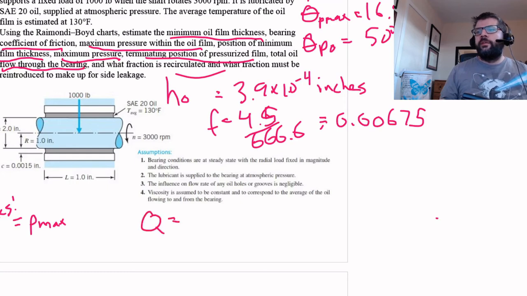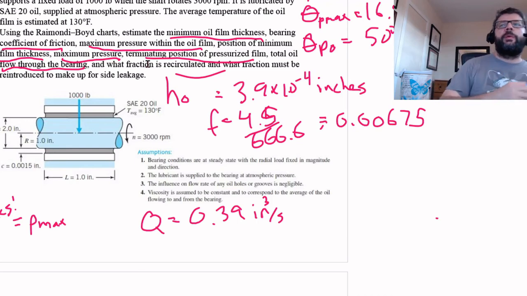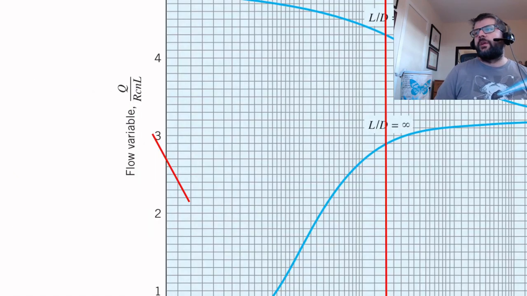Q is equal to 0.39 cubic inches per second. And that's the total oil flow through the bearing. So basically, how much gets swept in, how much is being used to form that wedge. Some of it gets recirculated and some of it is side leakage.